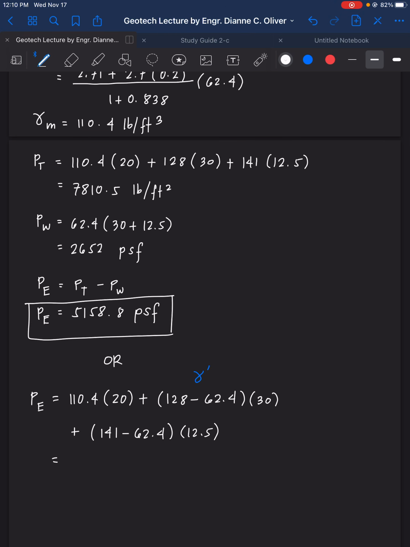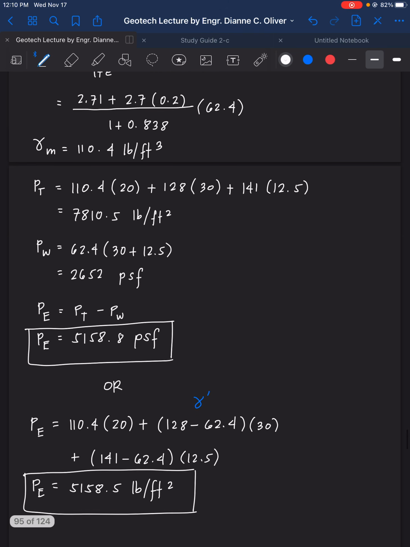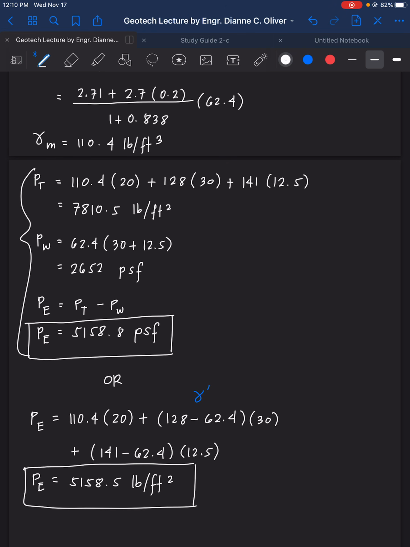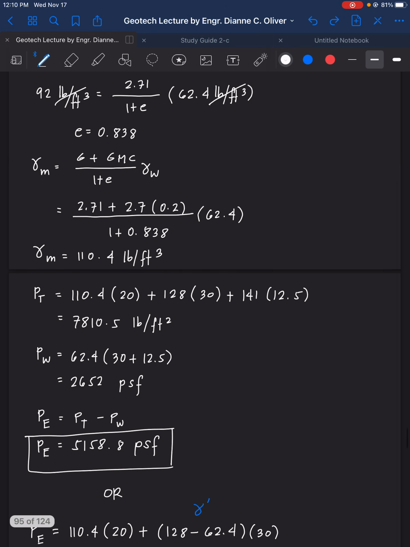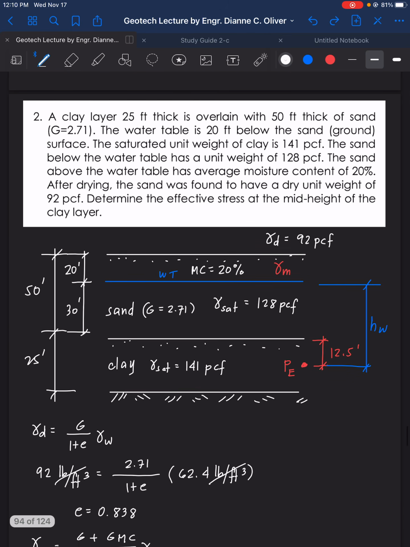P effective now is equal to 5158.5 pound per square foot. Okay, so you can use this formula, or you can just use this formula. Either ways, it arrives at the same answer. So that's for number 2.